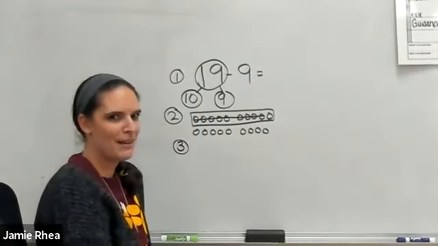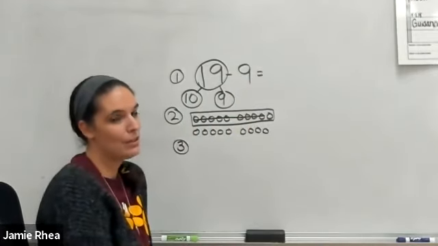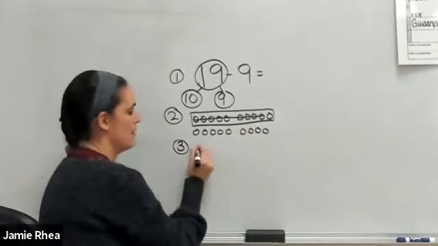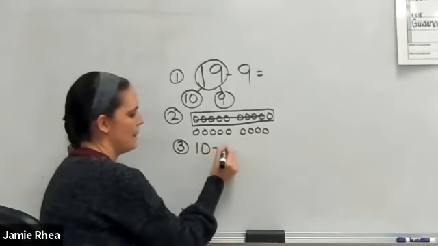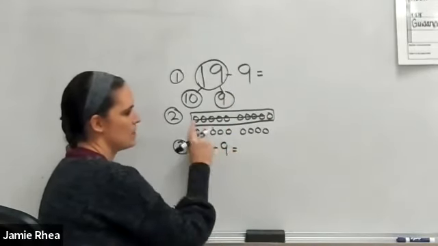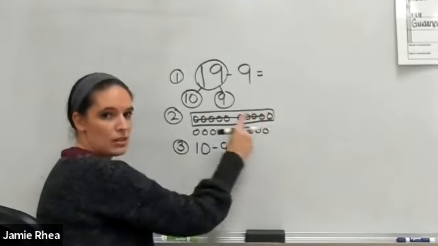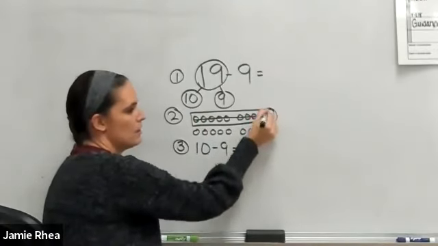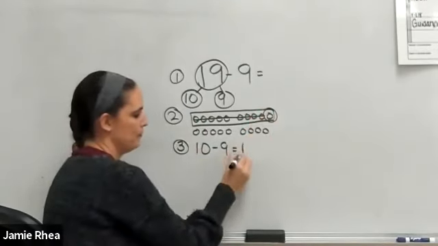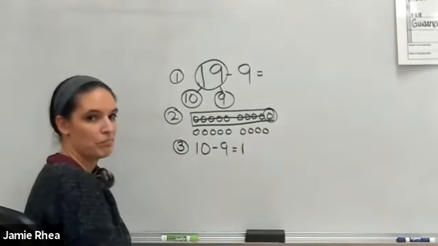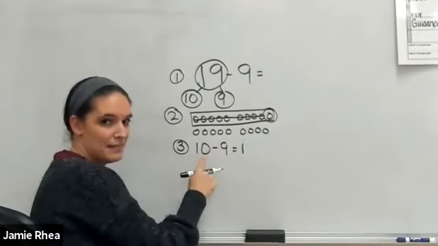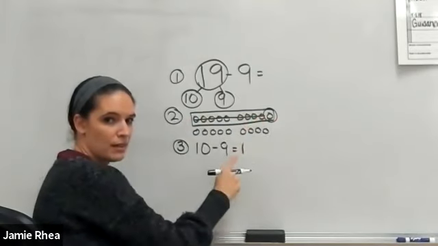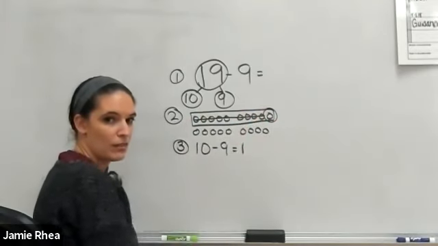Could I take it from my 9? I could, but I'm going to take it from my 10. 10 minus 9 equals, here's my 10, took 9 away. How many did I have left over here? 1. 10 minus the 9 I marked out equals the 1 I have left over.